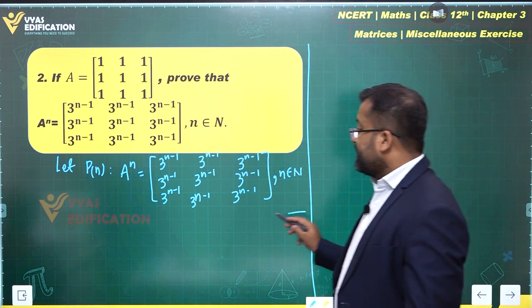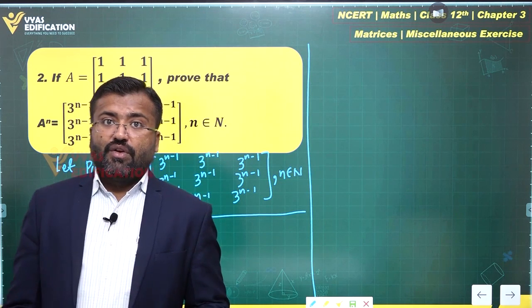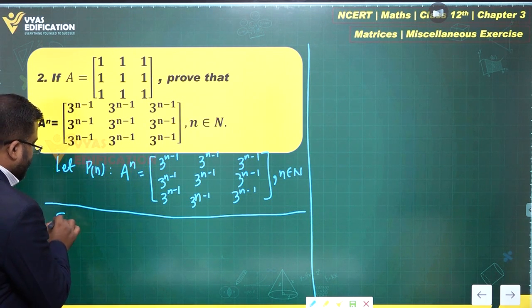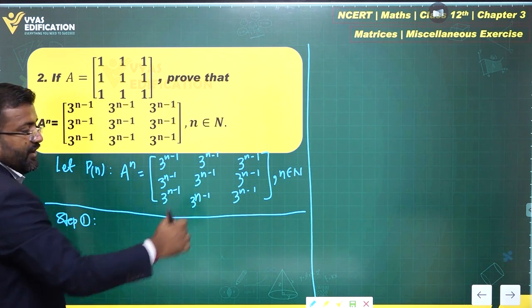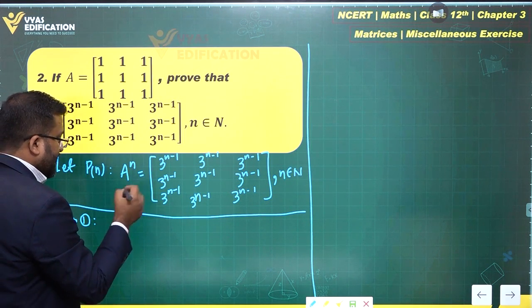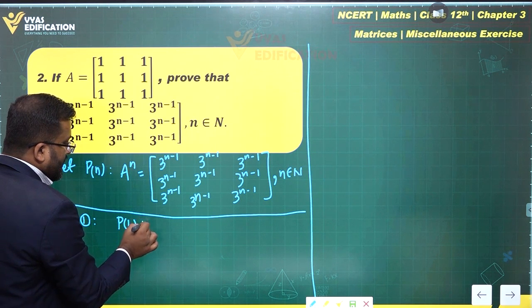Now for proving this, the principle of mathematical induction says that we have to apply 3 steps. The first step is that this particular result should be true for n equals 1. So the first step, we'll check P(1). What does P(1) say?